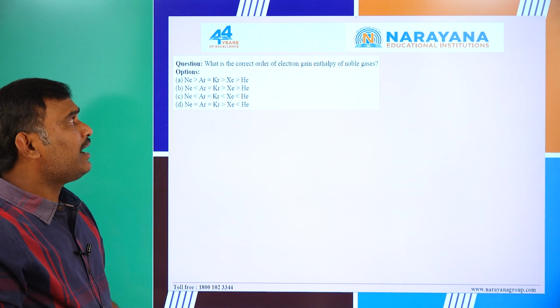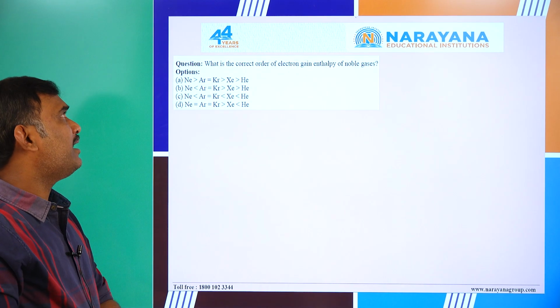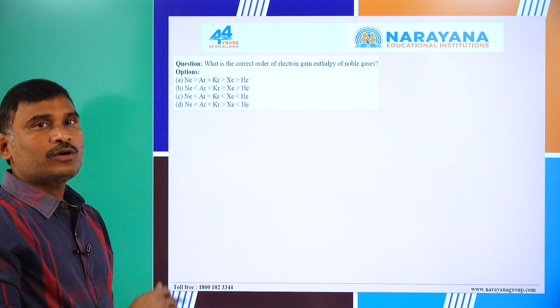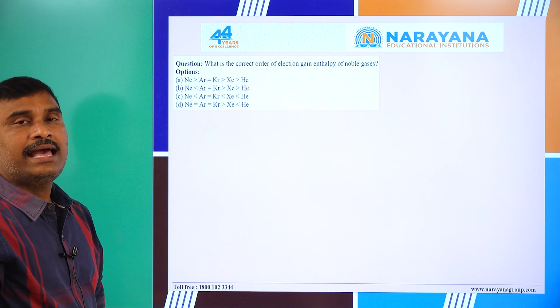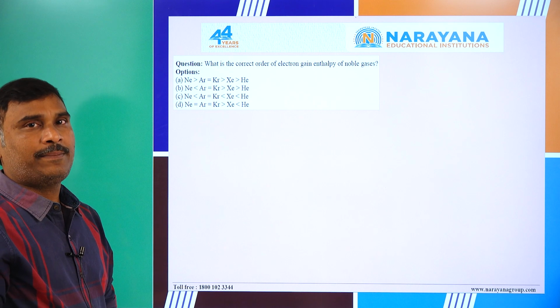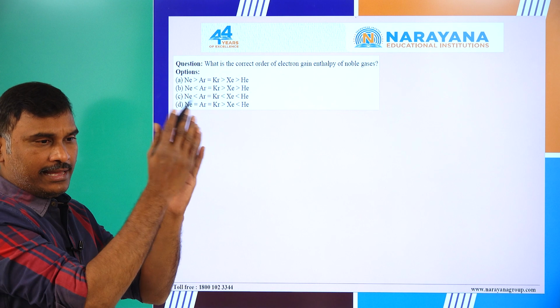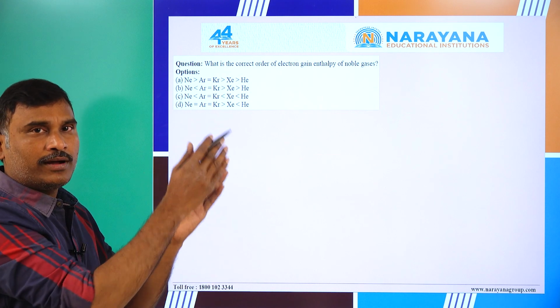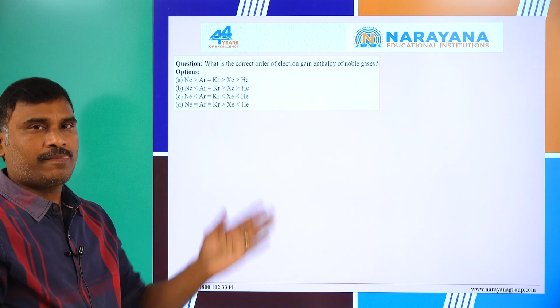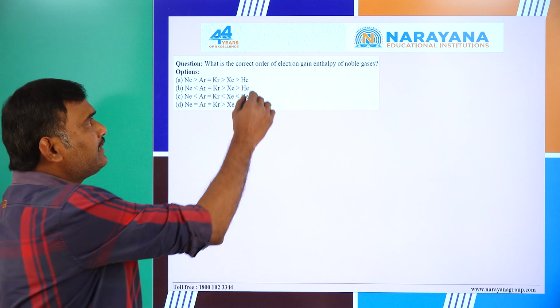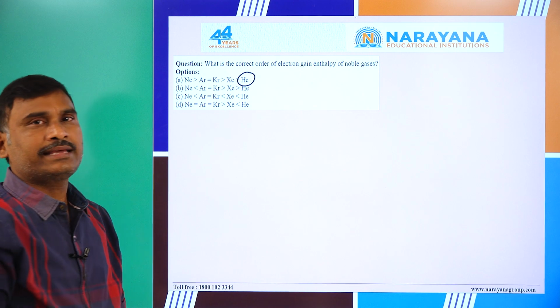What is the correct order of electron gain enthalpy of noble gases? Generally, these zero group elements or noble gases have positive electron gain enthalpy, except helium. From top to bottom, electron gain enthalpy decreases. Why does helium have less electron gain enthalpy?